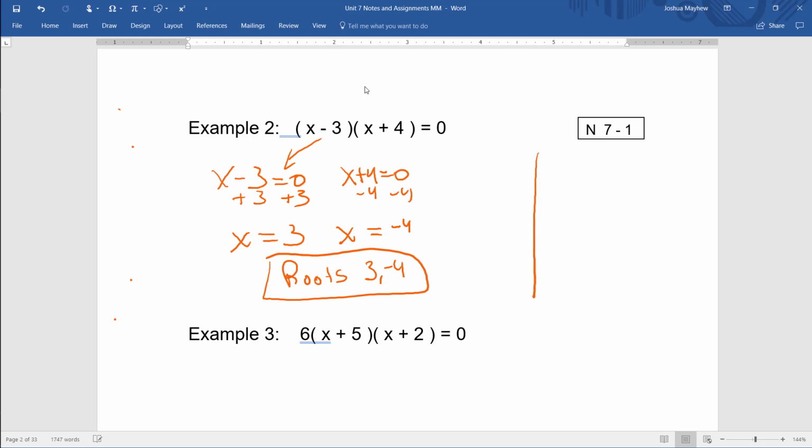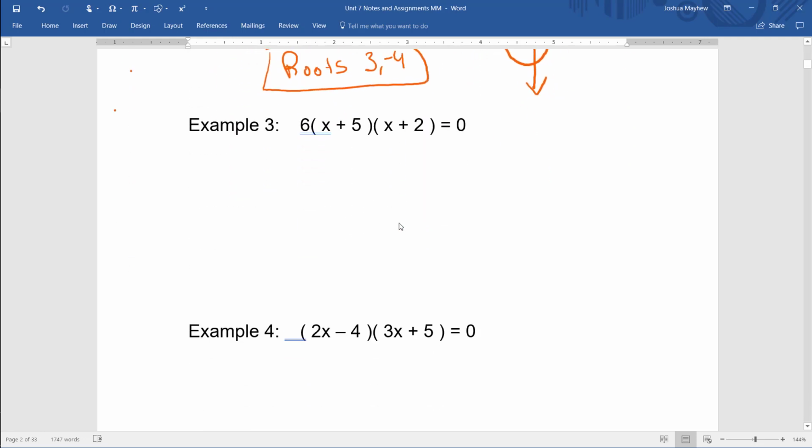I want us to sketch a graph of that, so it crosses at negative 4 and a positive 3. This one faces up also. It does not have a negative out front. If it would face down, there would be a negative right there. There are our solutions to example number 2.